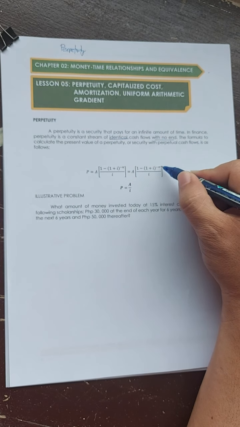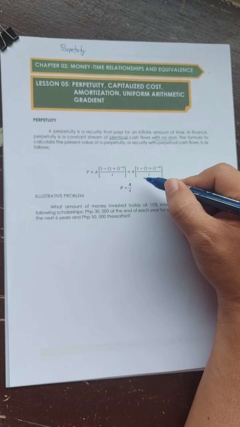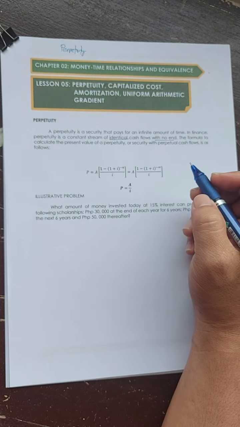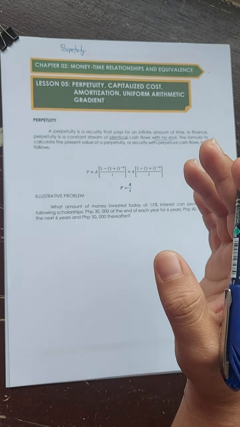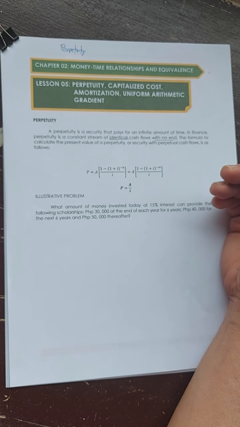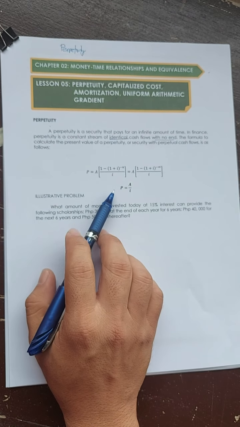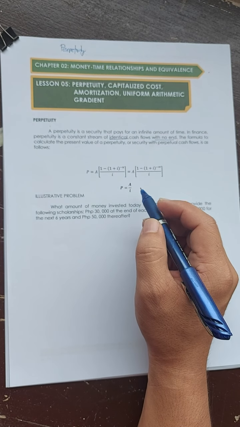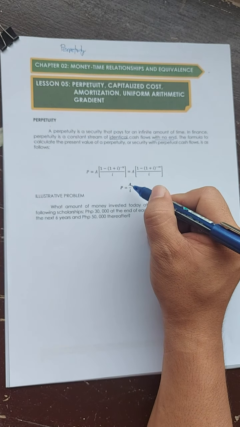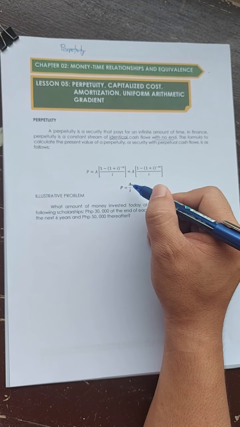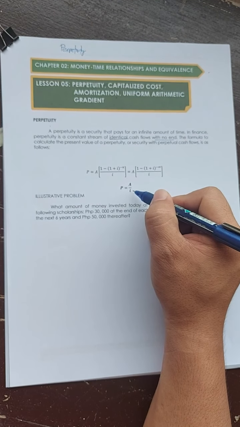So if n is infinity, our equation reduces to P, the present worth of infinite identical cash flows, equal to A, the annual or periodic payment, divided by i.